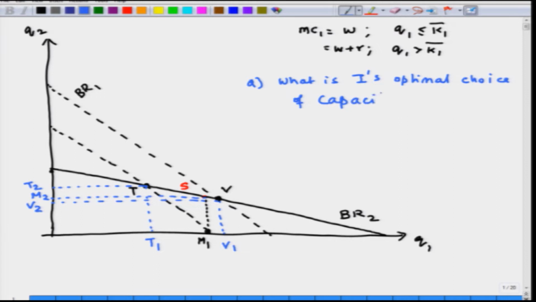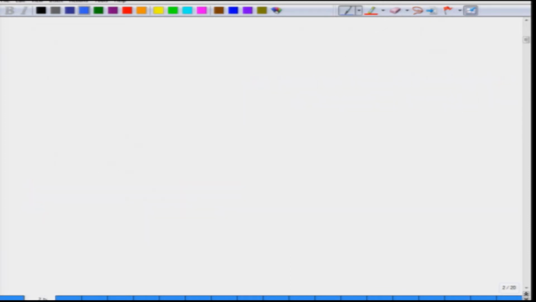This is the capacity choice which maximizes its profit. This will depend on where on firm 2's best response function the profit of the entrant becomes 0. So, we need to analyze various cases for that. Let us do that one by one.